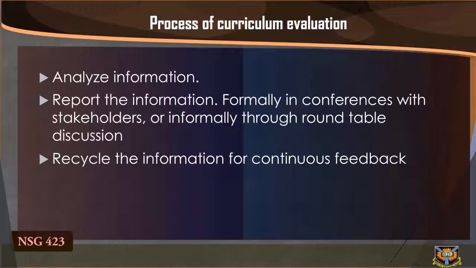Report the information. The report of evaluation should be reported to specific audiences. It can be done formally in conferences with stakeholders or informally through roundtable discussion and conversations. Recycle the information for continuous feedback, modification, and adjustment to be made.